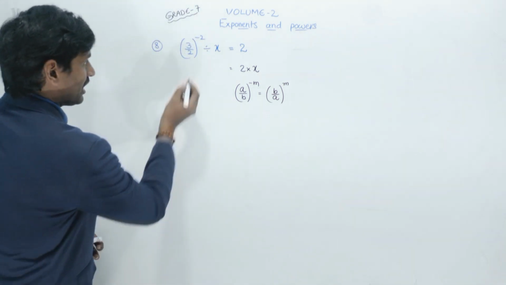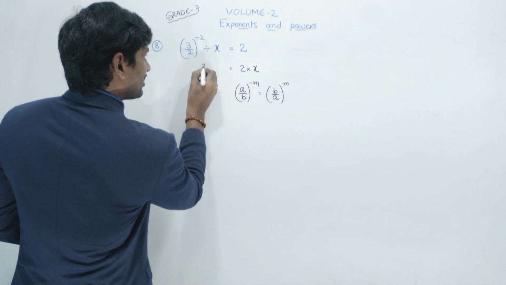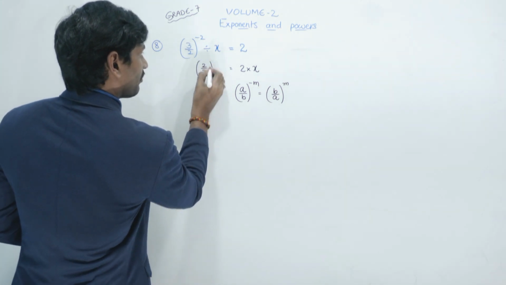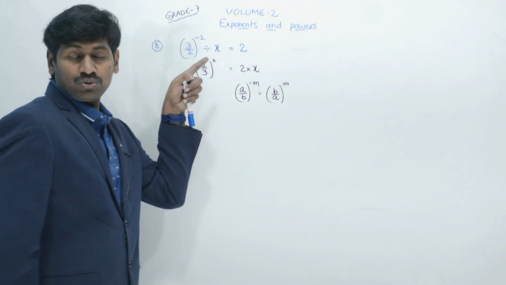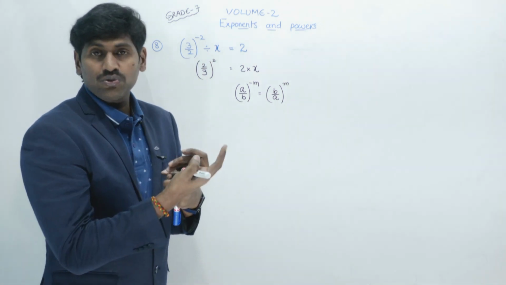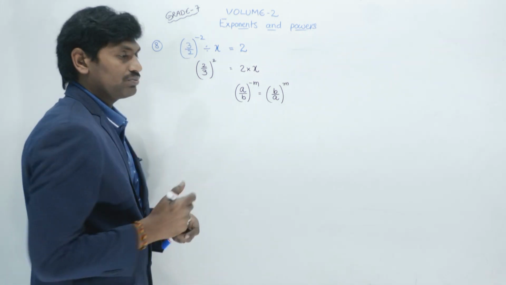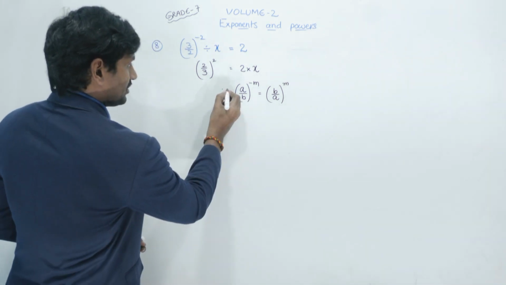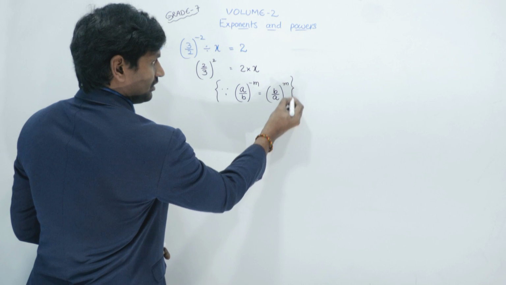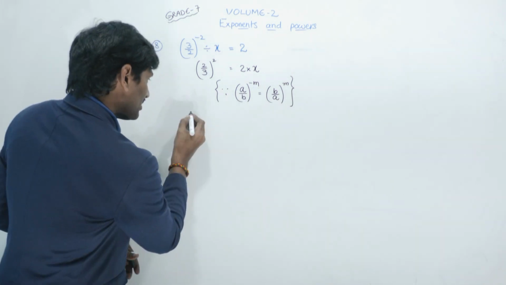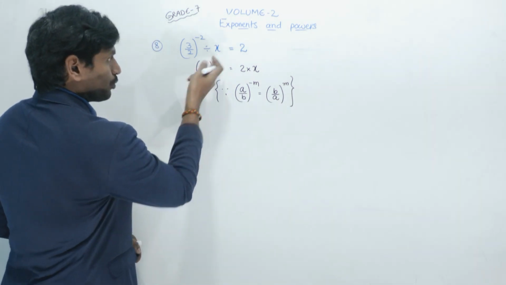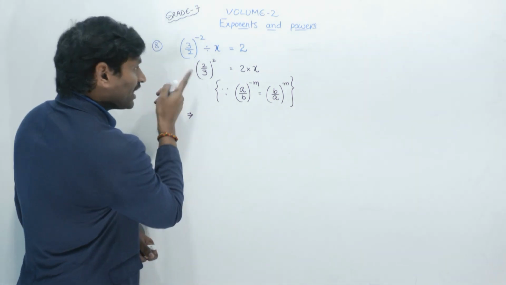The same concept, I am going to write this as 2 by 3 whole to the power of 2, because to make minus 2 into plus 2, we are just taking the reciprocal of 3 by 2, by using this formula. Okay, right. So let us try to simplify this. The square should be applied to both numerator and denominator.